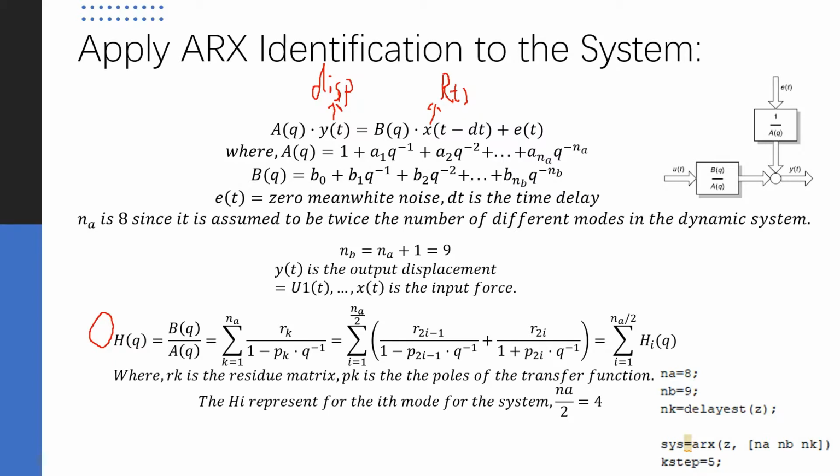And the R_k represents the NA by NA residual matrix, and the KP is defined as the poles of the transfer function. Finally, the HI represents the ICE mode for the system.